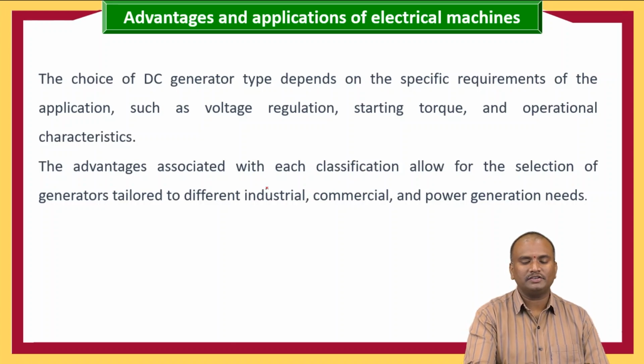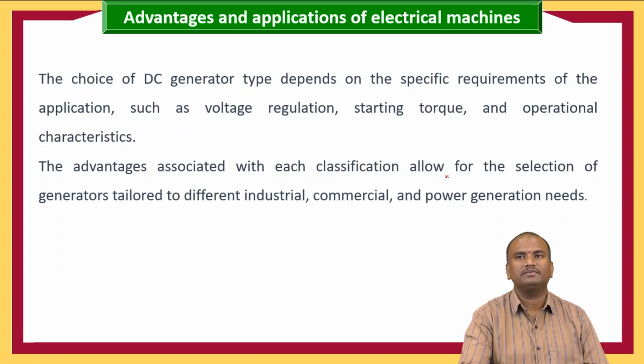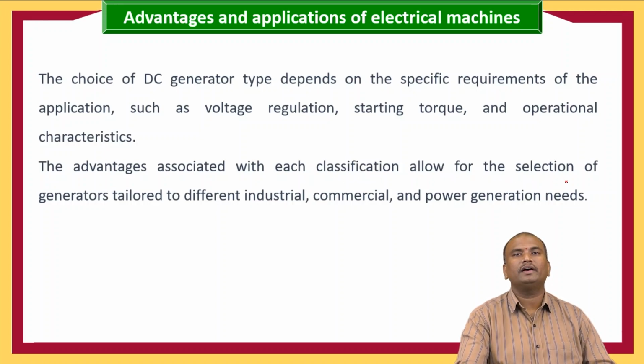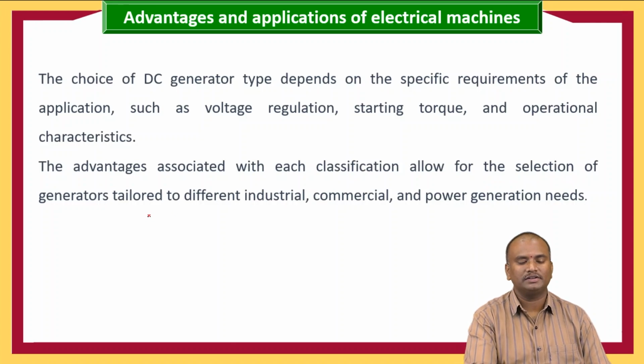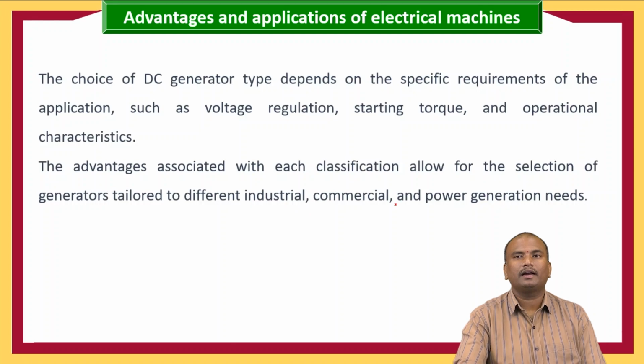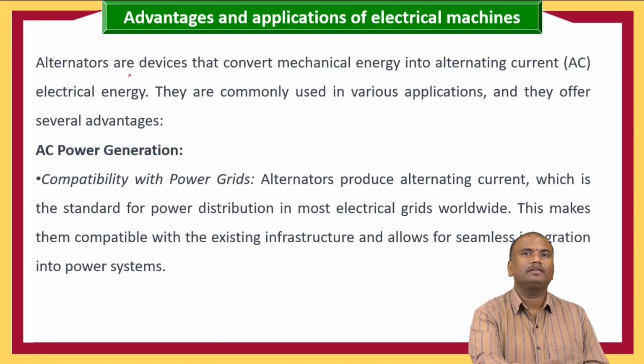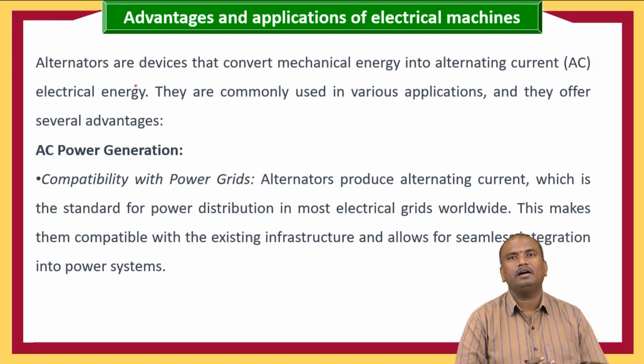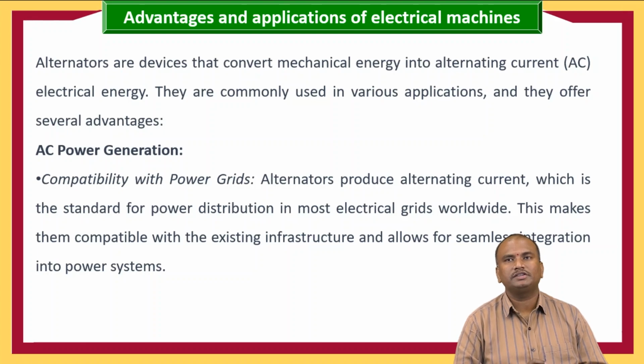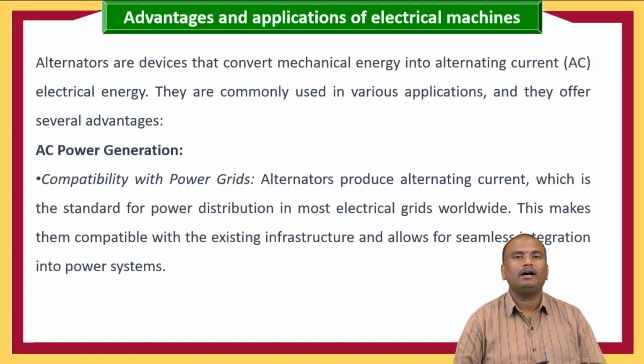The advantages associated with each classification allow for the selection of generators tailored to different industrial, commercial and power generation needs. The next one is the alternators. Alternators are the devices or machines that convert mechanical energy into electrical energy in alternating quantity.